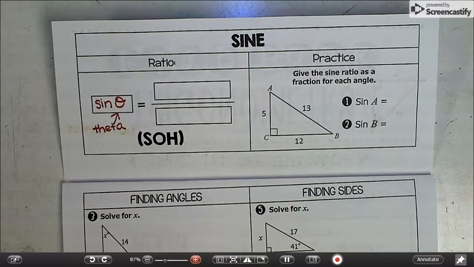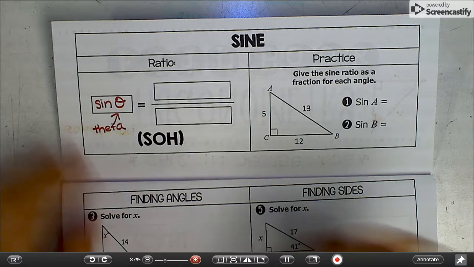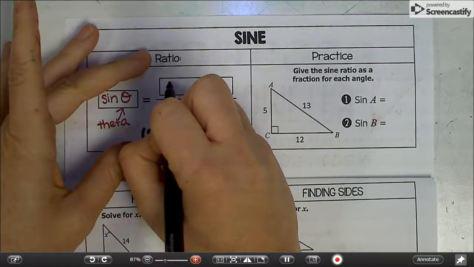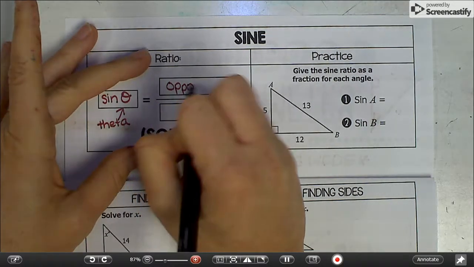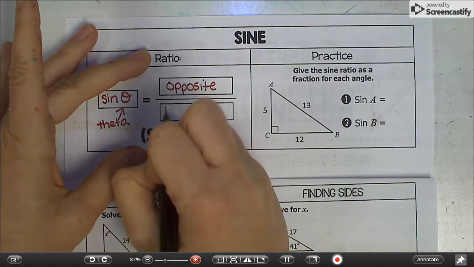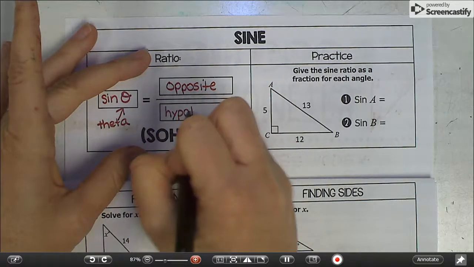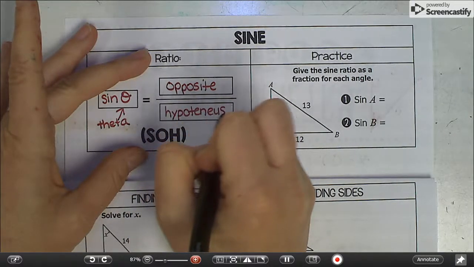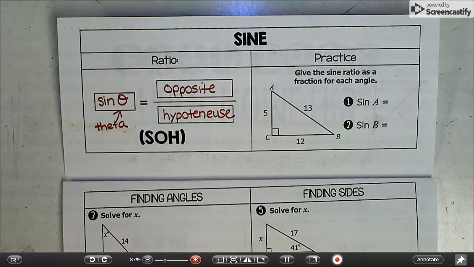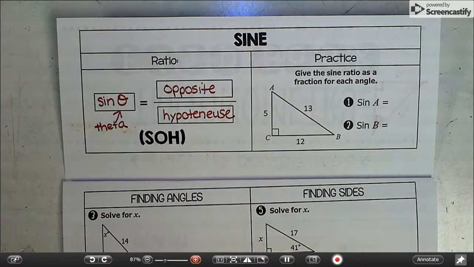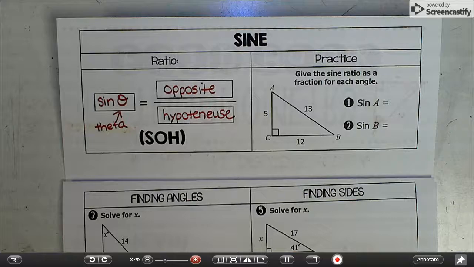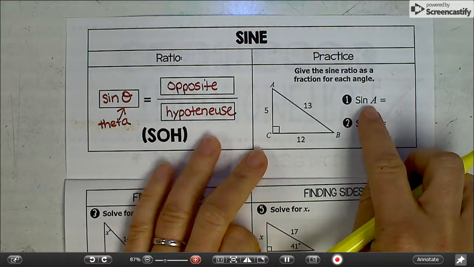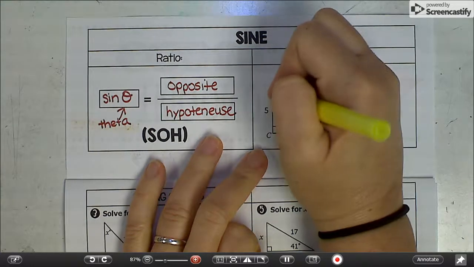It's a variable for angles. Sine is the relationship between the opposite side and the hypotenuse. All right, so I'm going to show you how that works over here. This says we want the sine of angle A. So here's angle A.